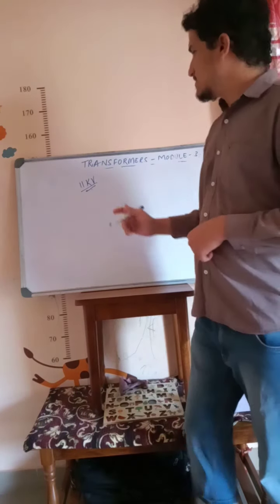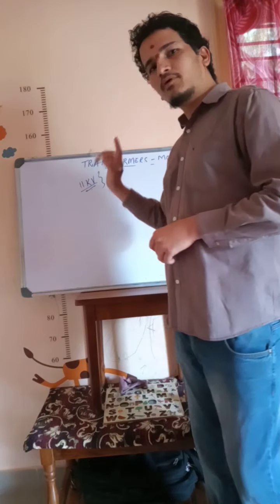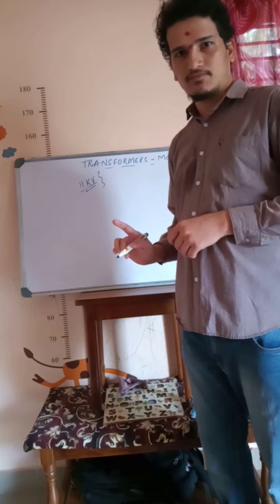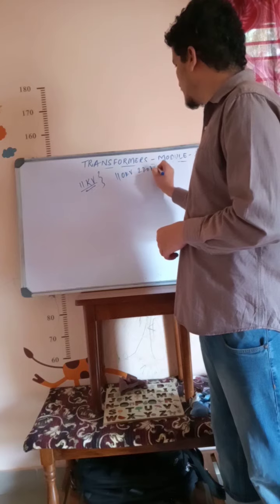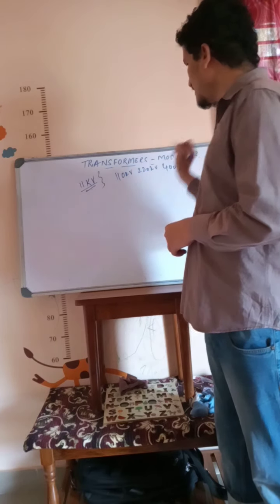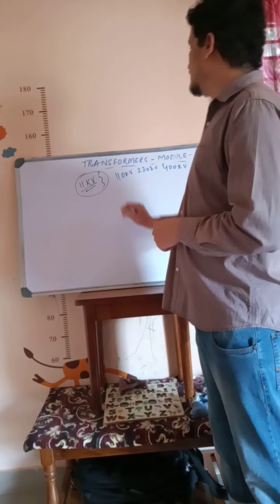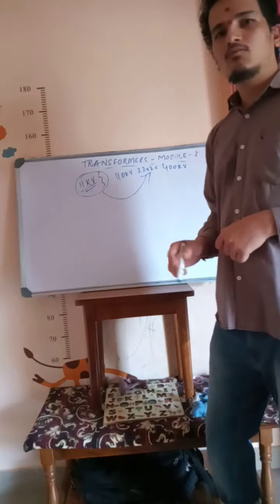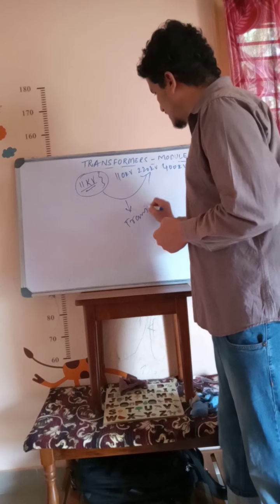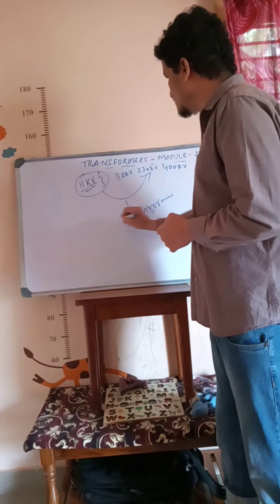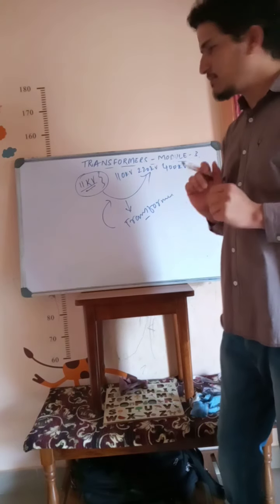Usually in the electrical power system, transmission of power is preferred at very high voltage levels, EHV levels, say for example 110 kV, 220 kV, 400 kV. To transmit the power at these voltage levels, what device do I need? Again I need a transformer. Transformer is the only solution to meet this requirement in the power transmission.